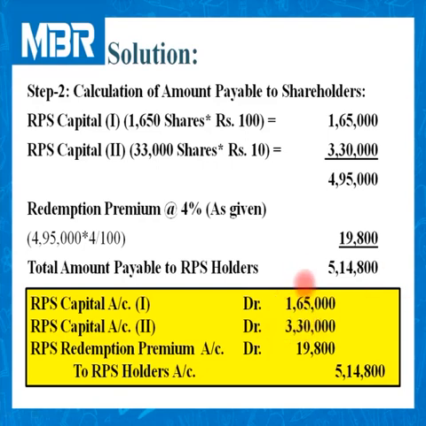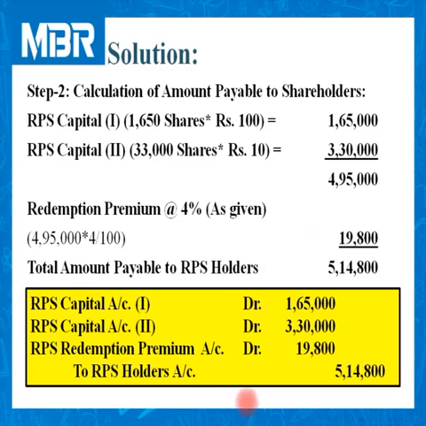So ultimately it is one and the same. It may be possible that there may be some change in the pattern of presentation, but as I think fit, I have passed entries for both types of capital separately, and it is the most appropriate way to pass journal entries.